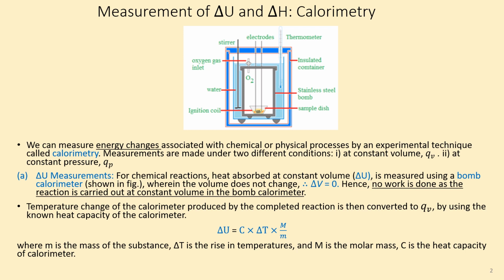Capital M is the molar mass of the substance, and capital C is the heat capacity of the calorimeter. Using the known values of heat capacity and the molar mass of the substance, we can measure delta T, which in turn gives the value of the change in internal energy.